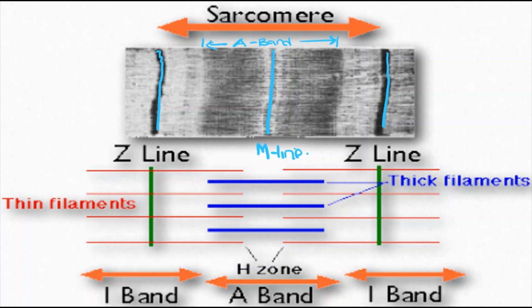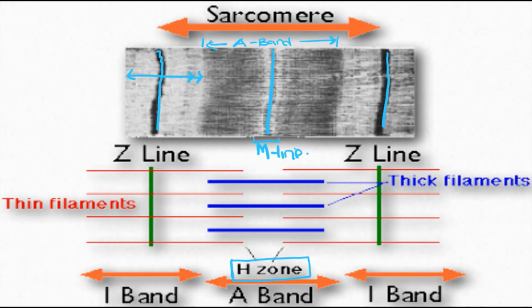A region where you only find thick filaments in the A band, that's what we call the H zone. The light region is called the I band. So from here up to here, that is called the I band. In the I band you only find thin filaments.